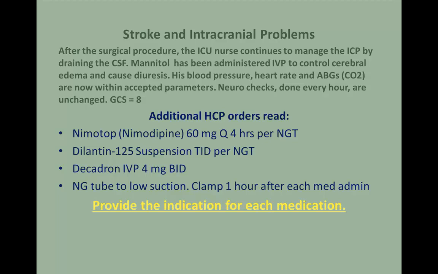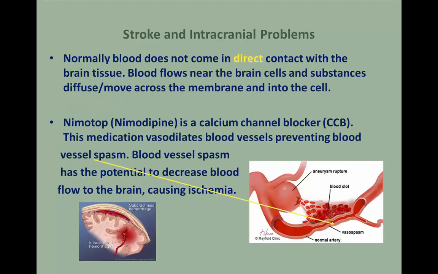So let's provide an indication for the medications, especially the medications that you may not be familiar with. As I said, with a subarachnoid hemorrhage, this is the space that is closest to the brain. So whenever there is a hemorrhage, you have blood that is sitting on top of the brain, and especially if there's an intracerebral hemorrhage, a blood vessel that's deep within the brain that ruptures, you definitely have blood that comes in direct contact with the brain cells.